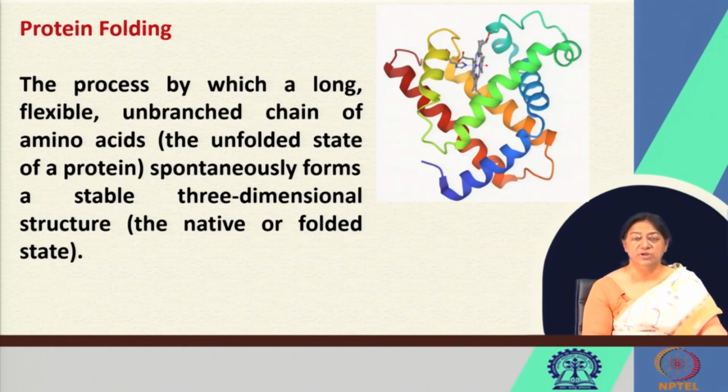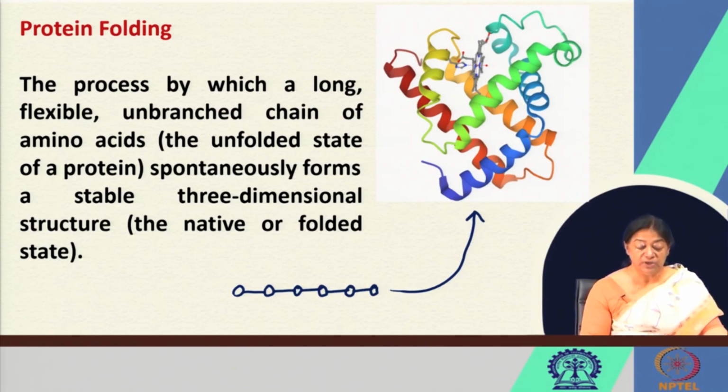Now, what is protein folding? We have this long chain of amino acids that are linked to each other by peptide bonds. This forms a three-dimensional structure, and the process involved is called protein folding.